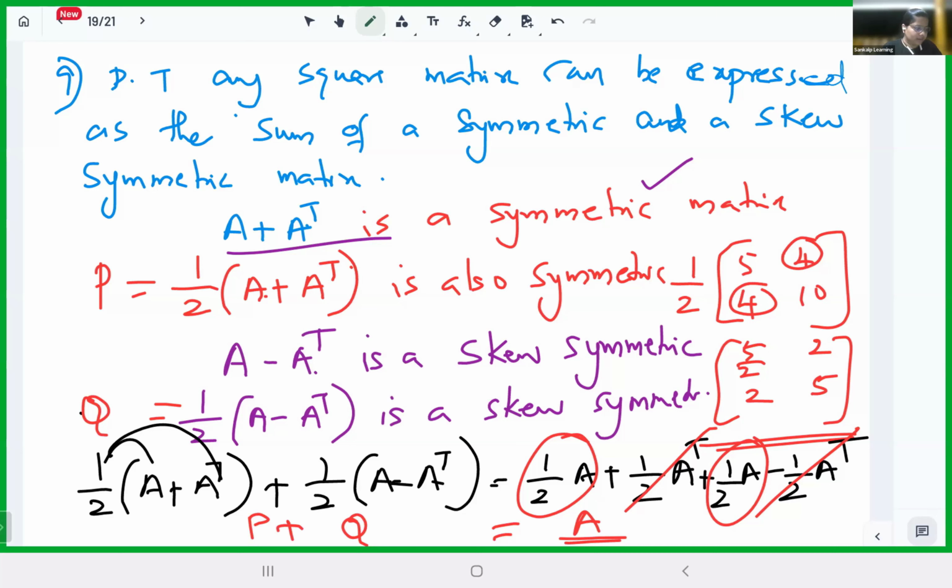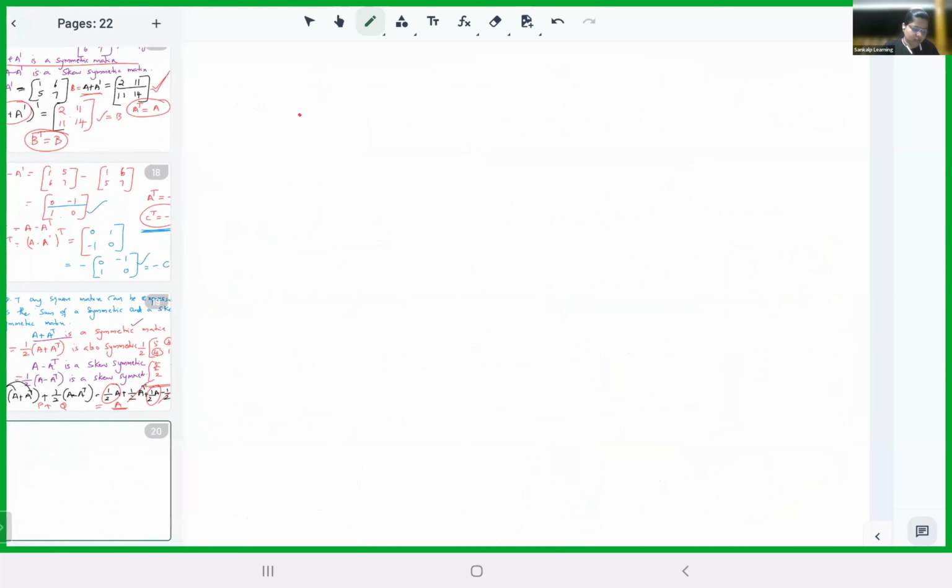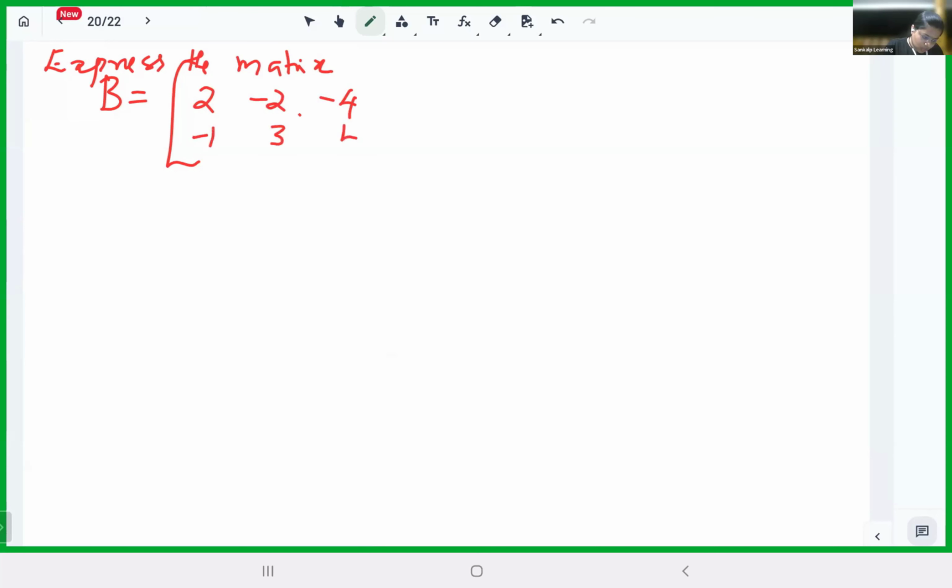That is, you will be given a matrix and you have to verify the same result. Okay, the question will be: express the matrix B is equal to 2 minus 2 minus 4, minus 1, 3, 4, 1 minus 2 minus 3.